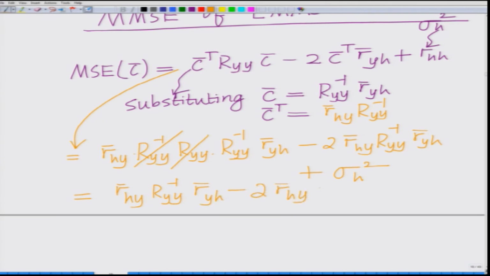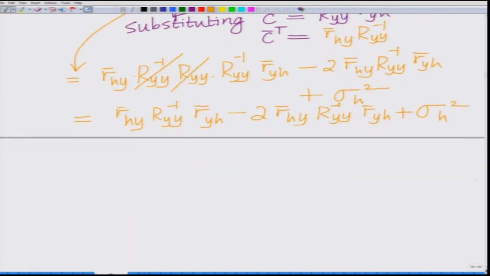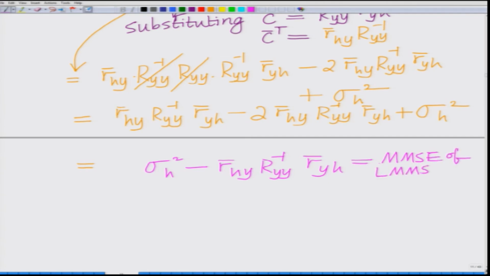You can see interestingly we have the same quantity R bar HY RYY inverse into R bar YH plus sigma h square, and therefore, finally, this gives sigma h square minus R bar HY RYY inverse R bar YH, and this is equal to the MMSE, the minimum mean squared error of the LMMSE estimator.